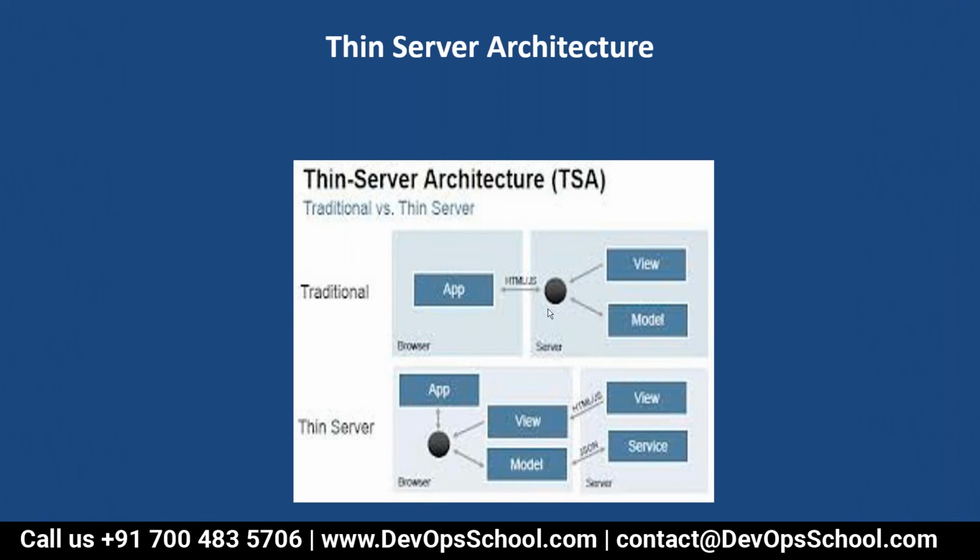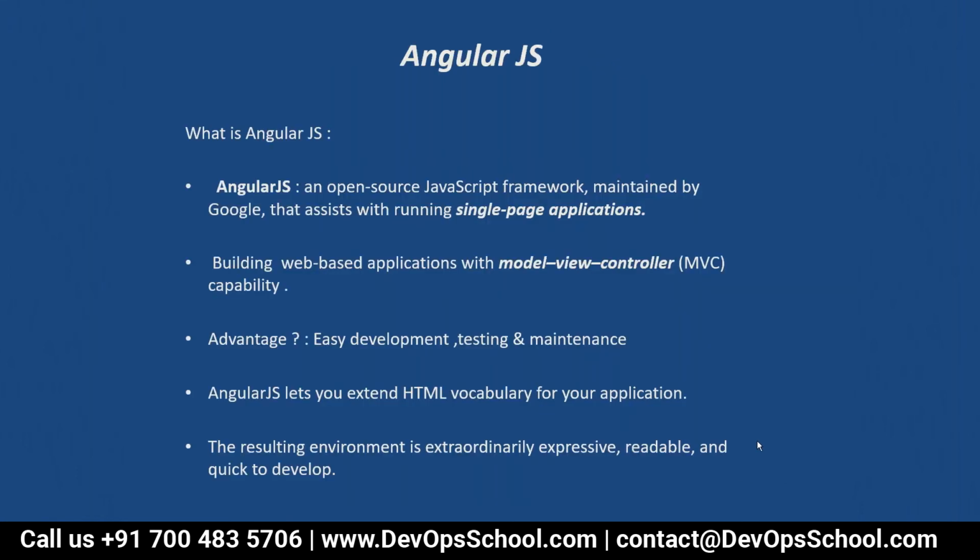Earlier it was thick server, thin client. Now it is thin server, thick client. So it is called thin server architecture. Yeah. So now we are not going to see all those other things from AngularJS, not required. We just wanted to know what is a single page application and why Angular, right?